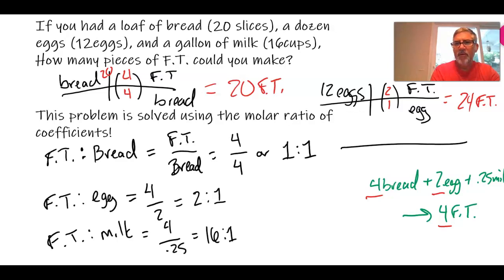If I look at my milk, I have 16 cups of milk. I want French toast. I want to use my milk in the process. Remember, now my ratio is 16 to 1.